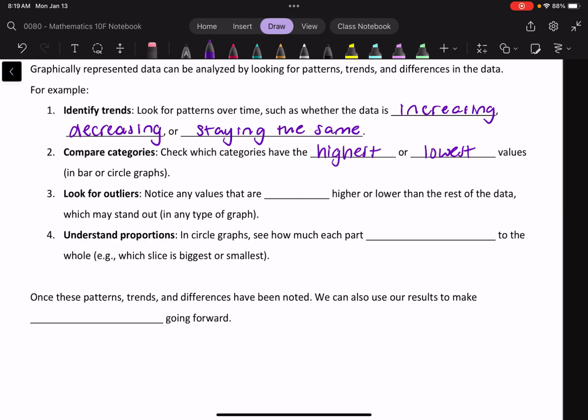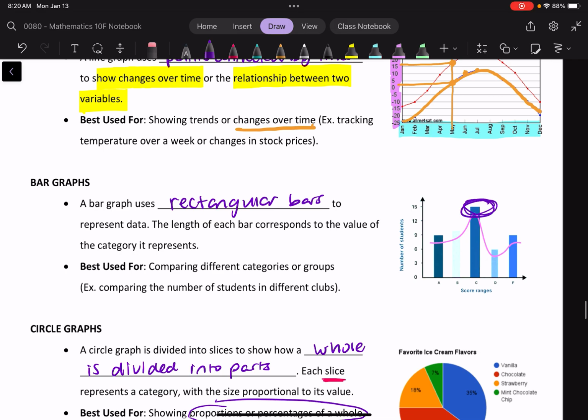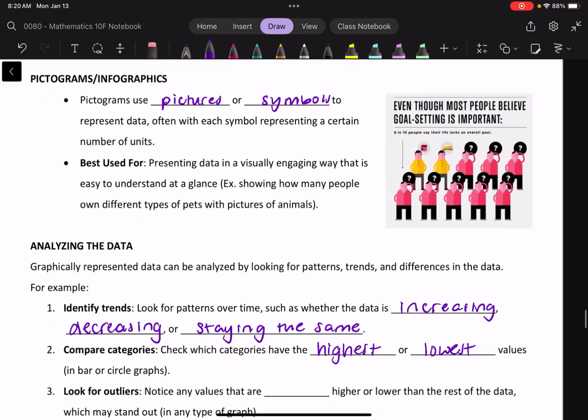So I can go to my bar chart example. My highest value is that the most people scored a C on this assessment or on this course, and the fewest people scored a D, right? So there's not necessarily a trend to follow here, but I could look for highest and lowest values.